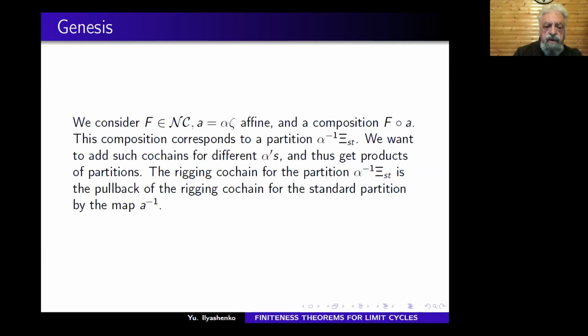So we consider a normalizing cochain combined with a linear map, and the corresponding partition is Xi standard multiplied by the inverse coefficient of this map. And the rigging cochains are pullbacks of the rigging cochains for the standard partition. So this is a brief explanation of where the details of the definition of FC0 appeared.